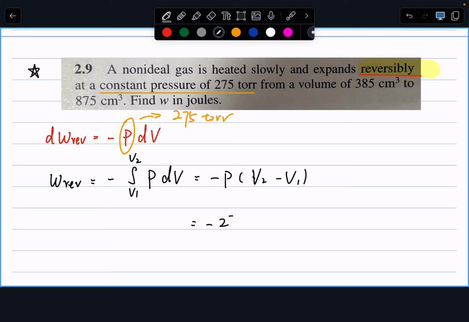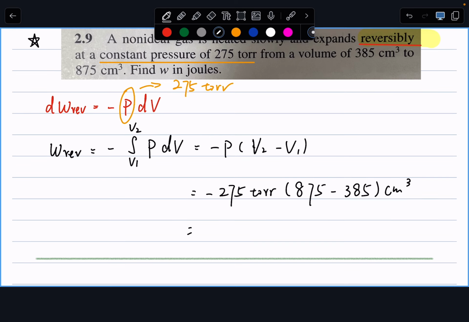So negative 275 torr times (875 minus 385) cubic centimeters. And that gives you negative 1.35 times 10 to the fifth torr cubic centimeter.